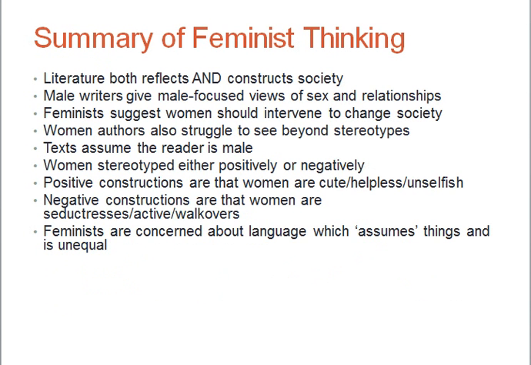A summary of feminist thinking here, and some of the key points, say, this first bullet point, literature reflecting and constructing society. A feminist approach to a literary text would say that a novel or a text is not just a reflection of what's going on, but really helps to build society. So, we think about traditional Disney films and childhood stories of a white knight on a fiery steed rescuing a feeble princess.